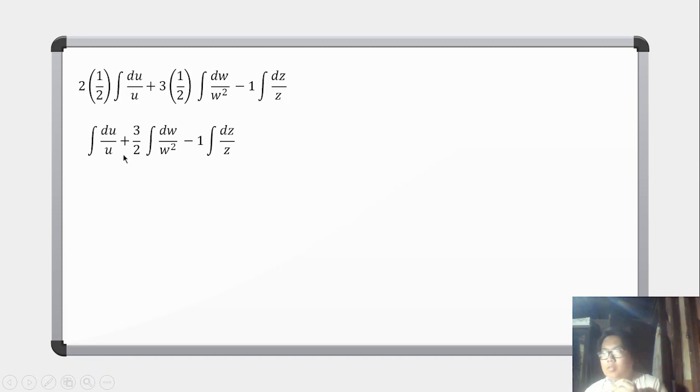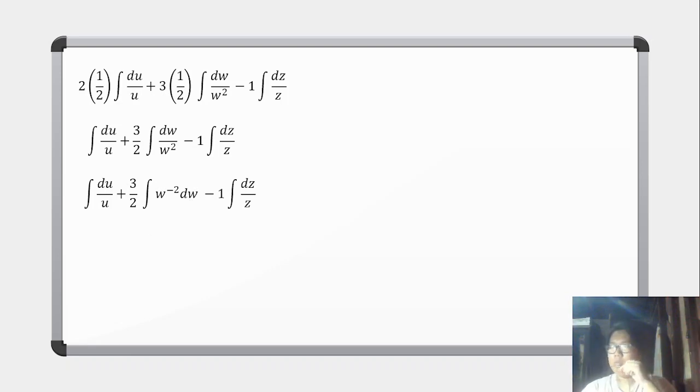So for this case, let's just rewrite first this dw over w squared into w raised to negative 2 dw. So they're just the same. I just rewrite it. So now we can actually solve for the integrals.